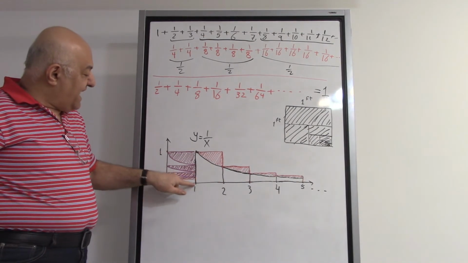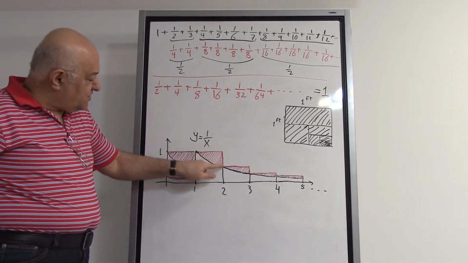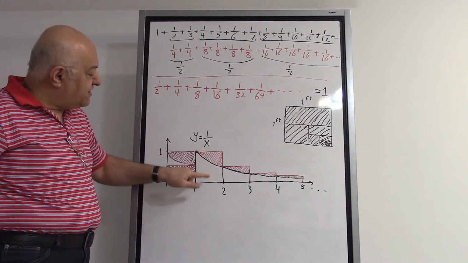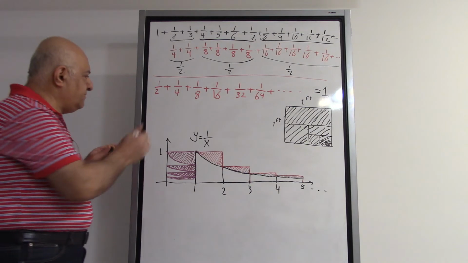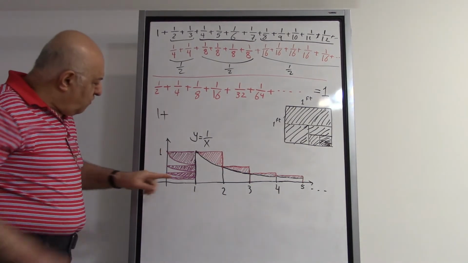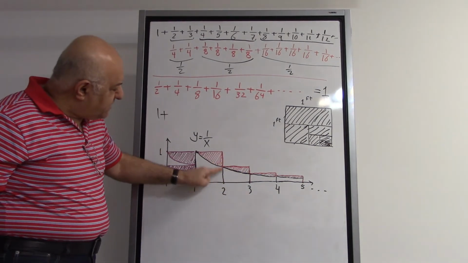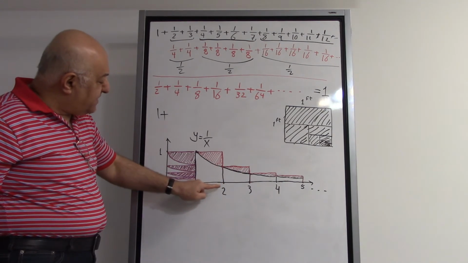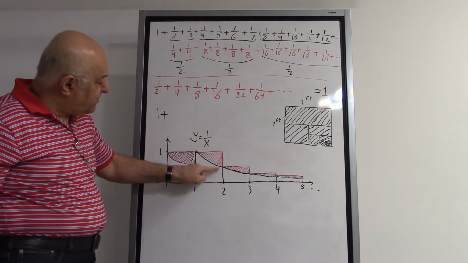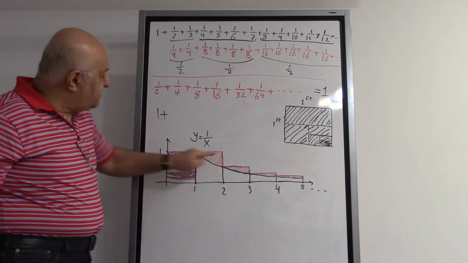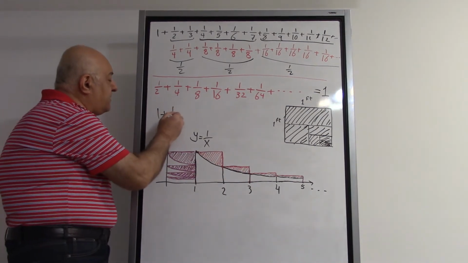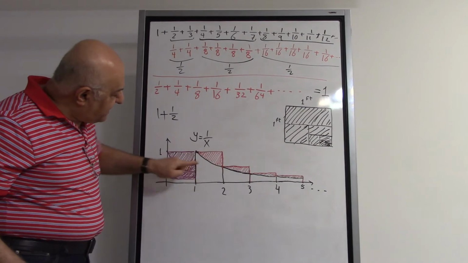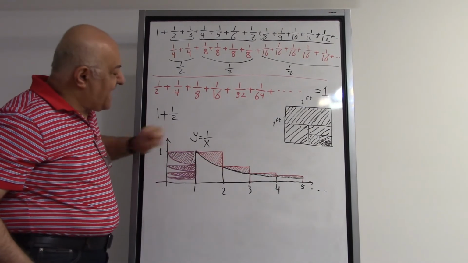This is 1 and this is 1. So the area of this rectangle is 1 times 1, which is 1, plus, what is the area of the second one? This is 1, and this is 1/2, because the value of this function at 2 is 1/2. So 1 times 1/2 is 1/2. So the area of this rectangle plus this rectangle is that.